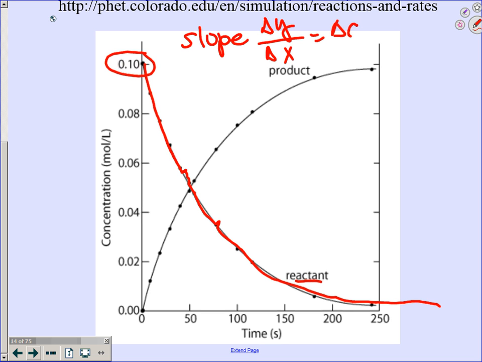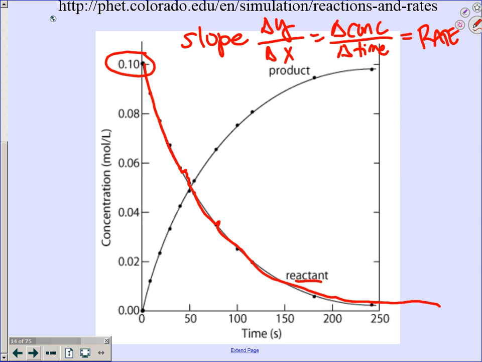Change in concentration. And what's x? Change in time. Where did we just see that? It's the definition of what? It's the definition of rate. Good. So the slope is the rate, because we see that it's changing concentration over changing time. The slope is the rate.